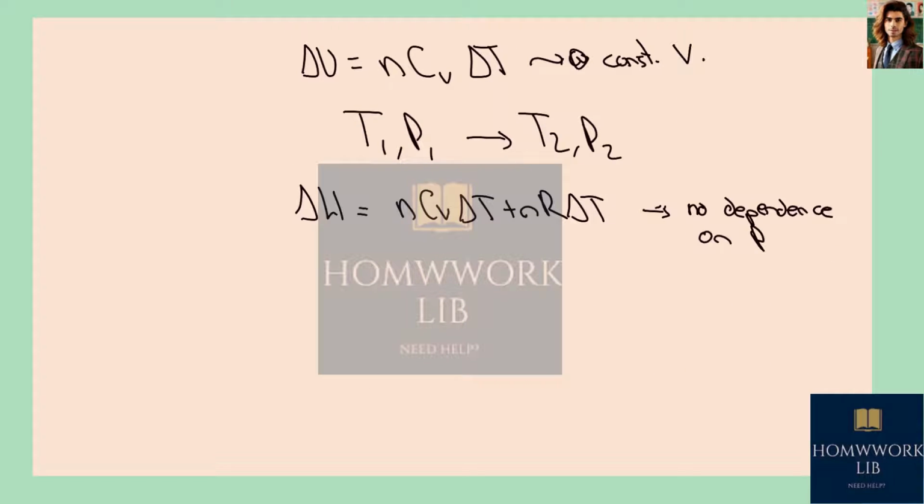Now, whenever we take a process in which the ideal gas only changes from temperature 1 to temperature 2, the change of enthalpy is going to be the same, nCv delta T plus nR delta T.